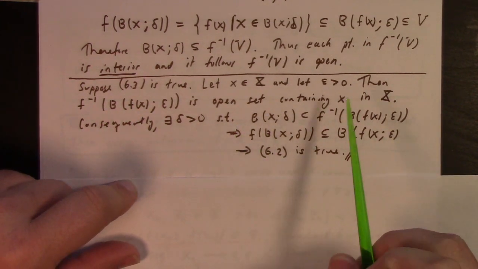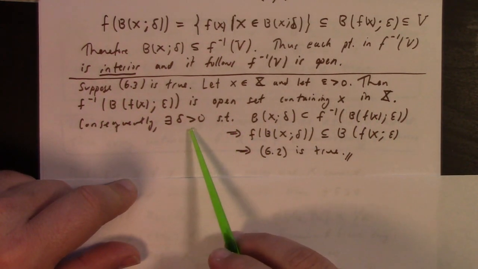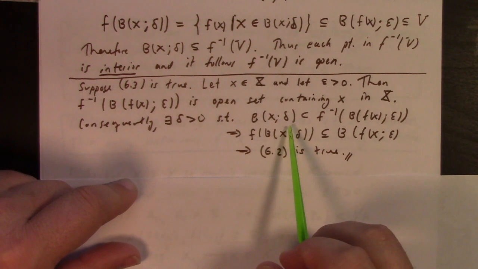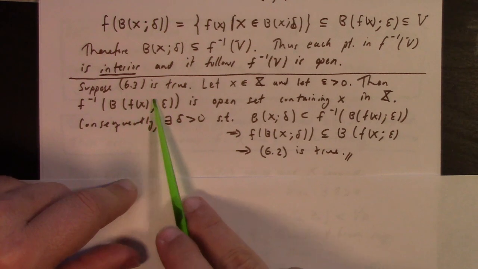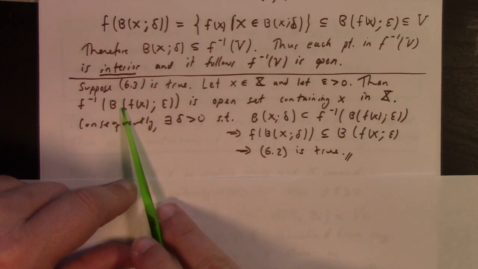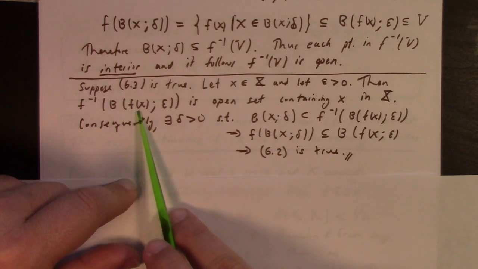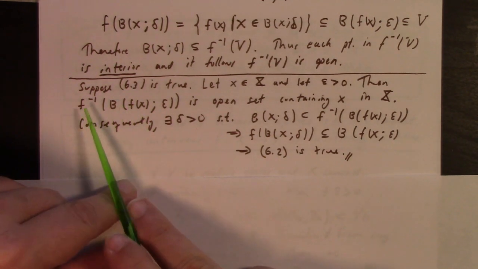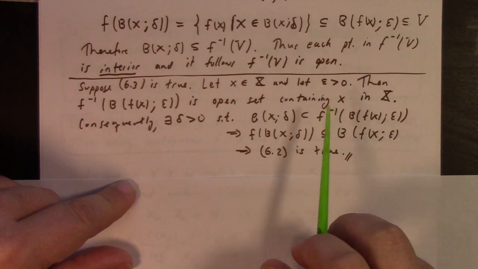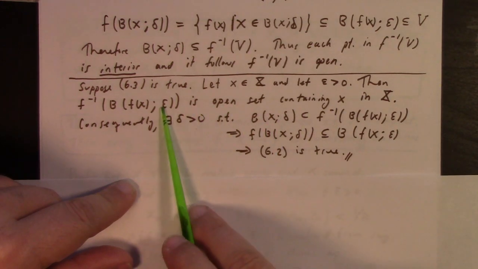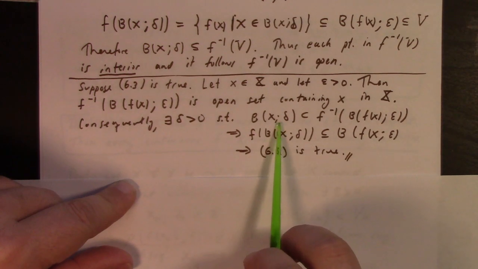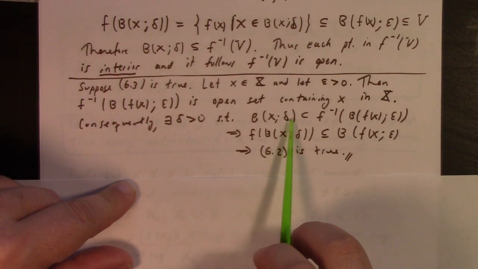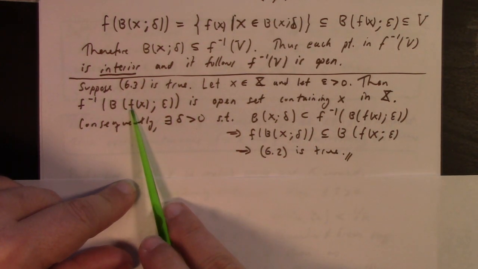If it's open, that means that there exists a delta. By the way, x is in here, because x maps to f of x, and f of x is in this ball. Therefore, x is in the inverse image of this thing. So since x is in the inverse image, and this is an open set, there exists a delta ball around x, namely B of x, delta, which of course is inside this open set.